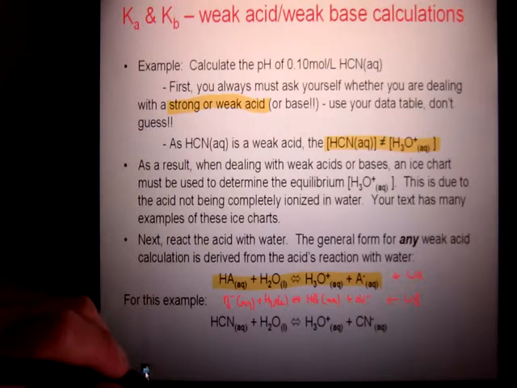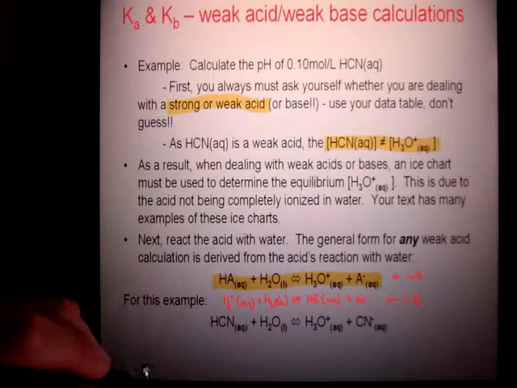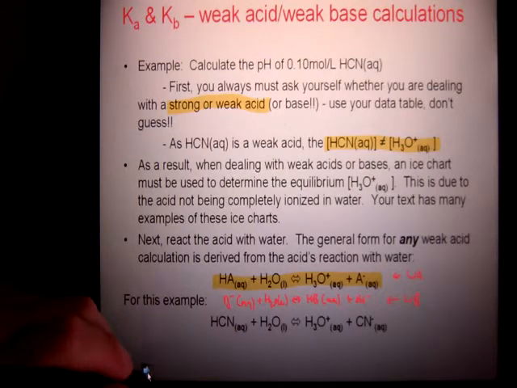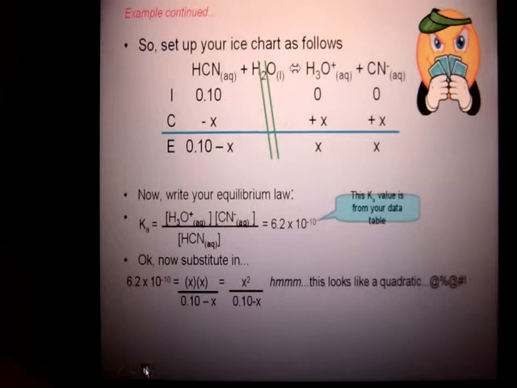In this example, we're going to work with hydrocyanic acid, trying to calculate its pH. So, when I'm doing this, I want to set up an ice chart. Now, there will be a shortcut from here, but this is the derivation.